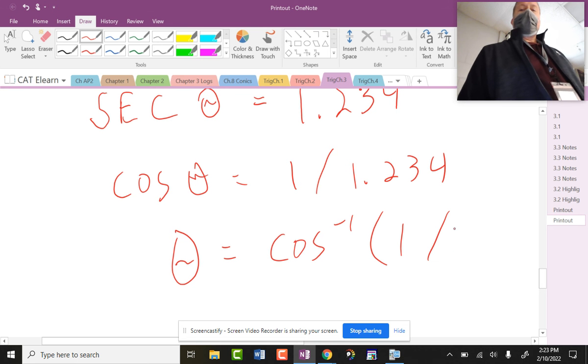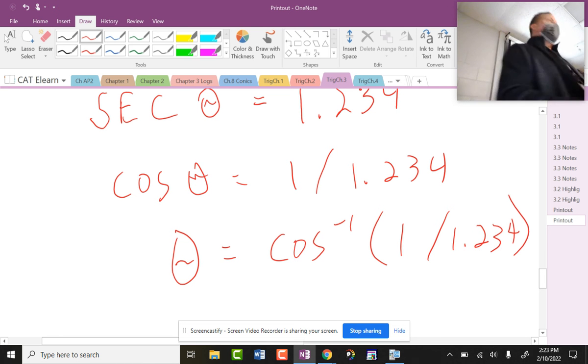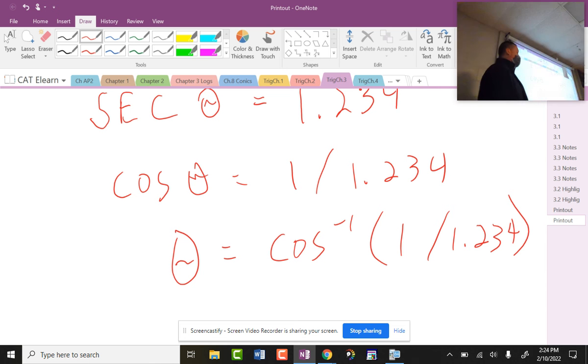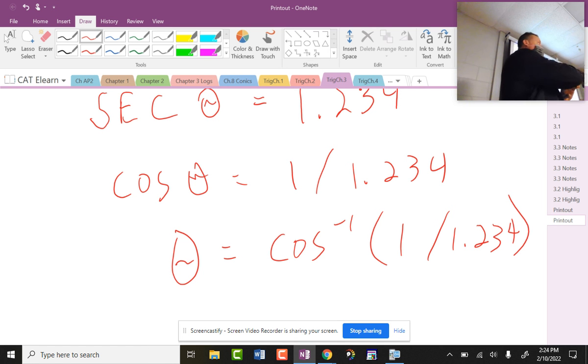Inverse cosine of 1 divided by is not the same as 1 divided by inverse cosine. I hope you heard what I just said there. Actually, if you did 1 divided by inverse cosine of 1.234, you're going to get an error. The reason is you can't inverse cosine a ratio that's bigger than 1. 1 over makes that value smaller than 1, and then that's a legal cosine question now. But then your answer is just going to be in radians, and I'm not going to go any further.